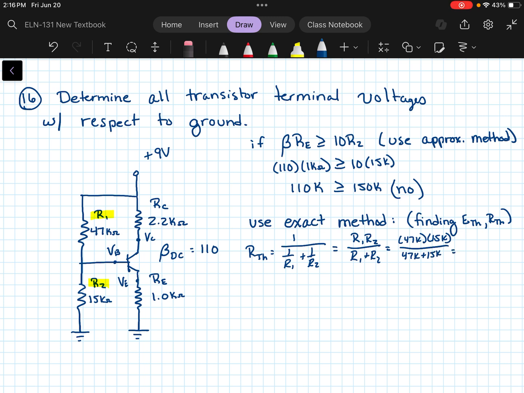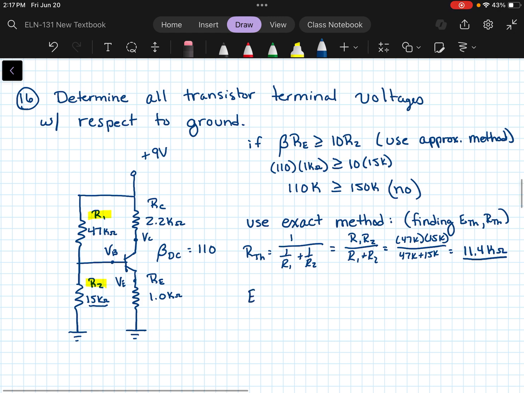And so let's work that out. Should be about 11.4 kilo ohms. Just remember when you're combining parallel resistors, the final result should always be smaller than the smallest resistor. So that would have to be less than 15K if we did this right.